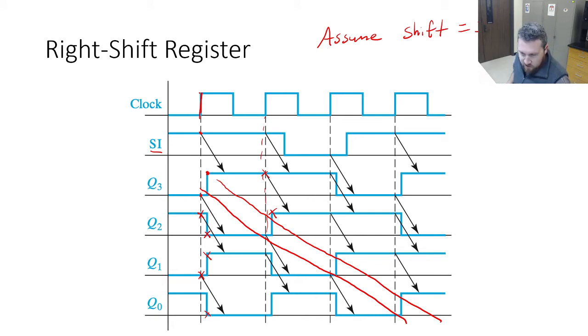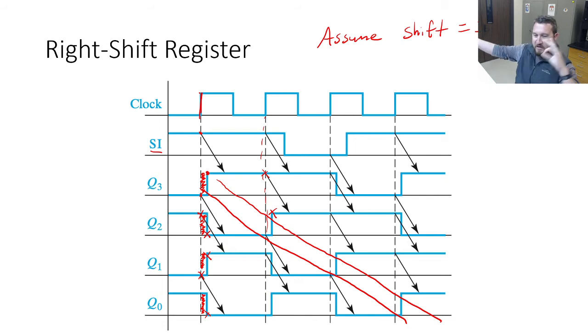Edward asks, would there be a delay between the Q outputs beyond the delay for the clock? No, since they're all updating on the rising edge, they all have their own delay. And you can see there's some delay here, right? So there is some update delay that follows. They don't update until a little bit of time after the rising edges. But all the delays are independent of each other. There's no sequential delay.